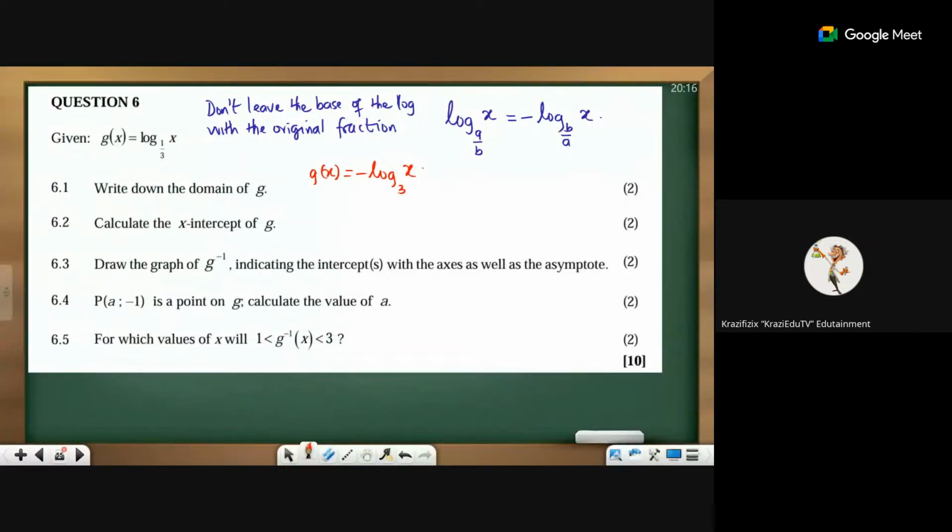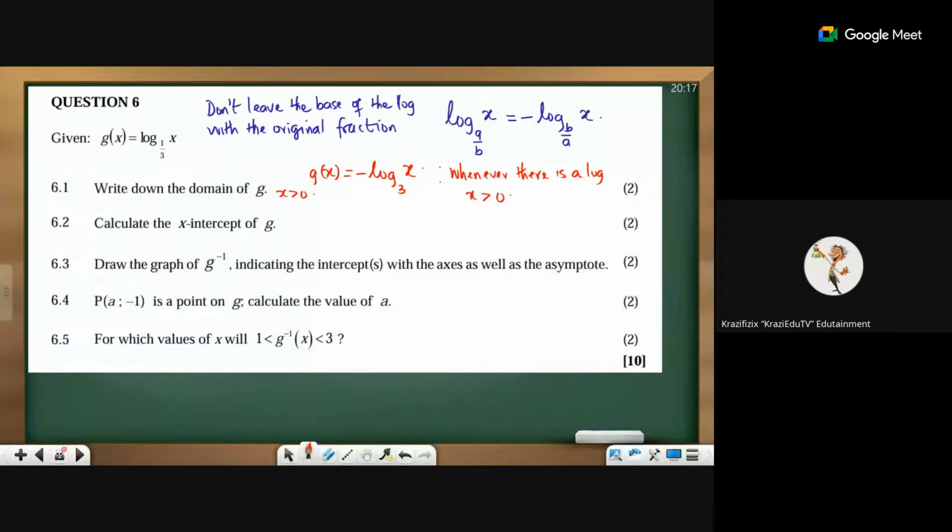Whenever there is a log, put that down. X should always be greater than, not even equal to 0. So what's my domain? X greater than 0.